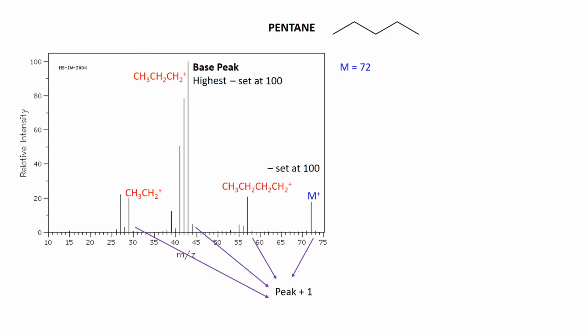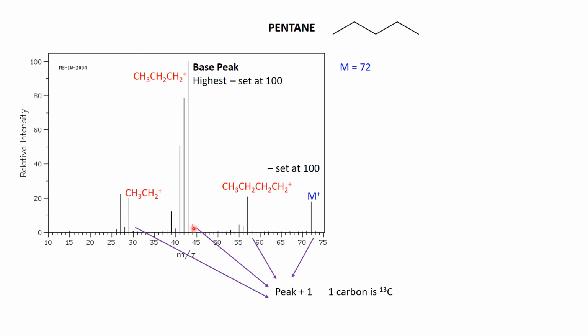Of course, carbon 13 was very important to us when we were studying NMR, hardly important at all in mass spec. But each of those +1 peaks corresponds to where one of the carbons in the fragment is carbon 13. So this peak here at 44 is CH3CH2CH2+, but one of those carbons is carbon 13, so it's an extra mass of 1, and it's going to have an extra peak there.